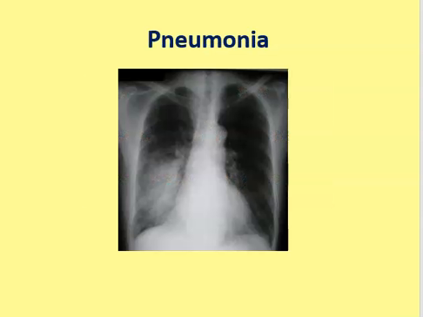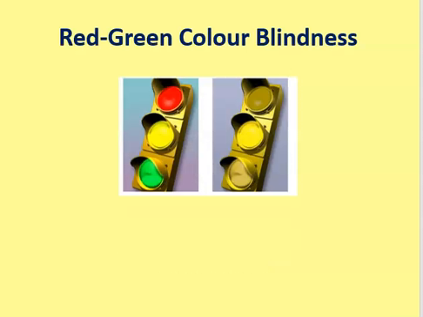Pneumonia. Pneumonia is also a communicable disease. Red-green colour blindness. Remember, you should be writing these into the right column in your books or on paper. That is non-communicable.